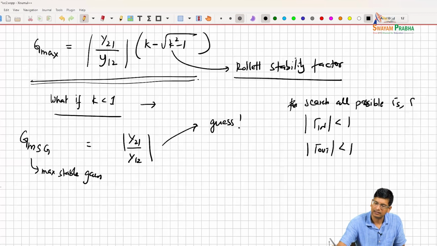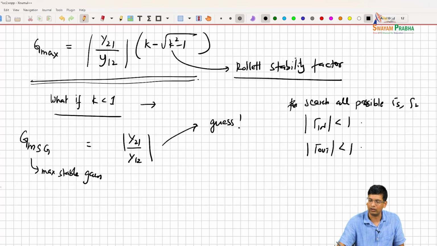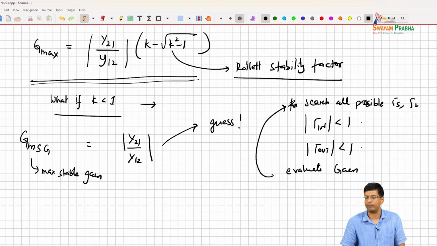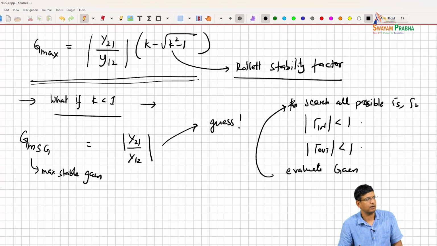So now my network is stable, and then you evaluate the gain, and you do this loop until you find the maximum gain that is possible. That is what you would have to do in this scenario.